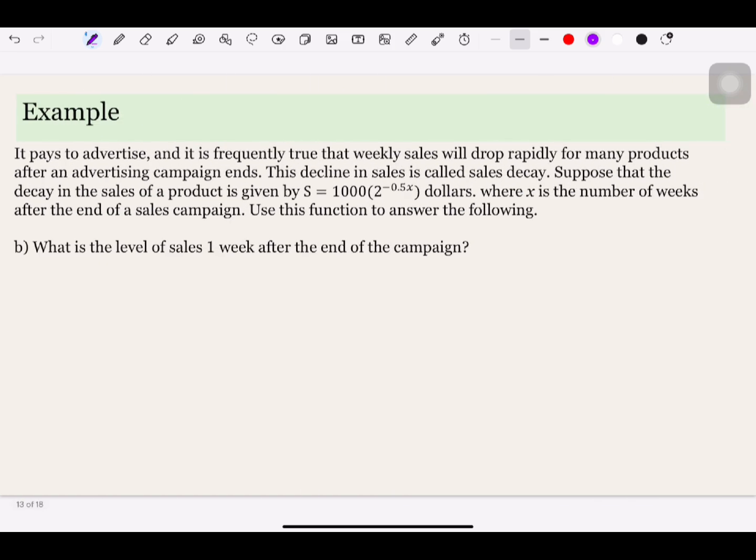Moving on to the second part: what is the level of sales 1 week after the end of the campaign? Here it's really easy. It's just 1 week after the campaign, which means you substitute x equals 1 into our function, so you get s evaluated at 1. So 1000 multiplied by 2 to the power negative 0.5 multiplied by 1.